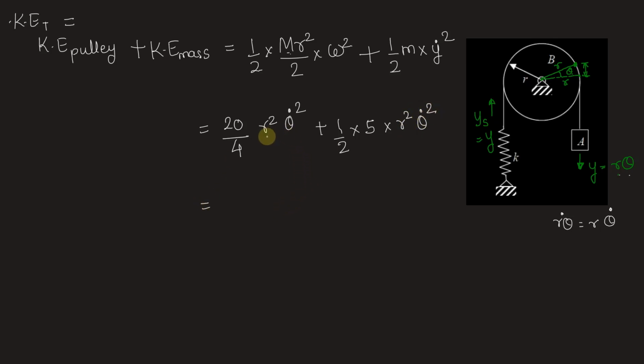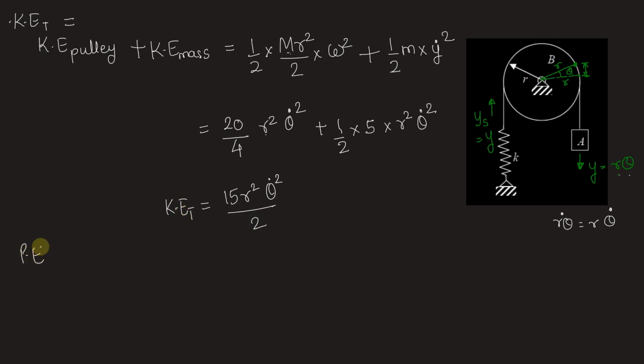If we take r square theta dot square common, we get 5 plus 5 by 2, which will give us 15 r square theta dot square by 2. This is the total kinetic energy in the system.